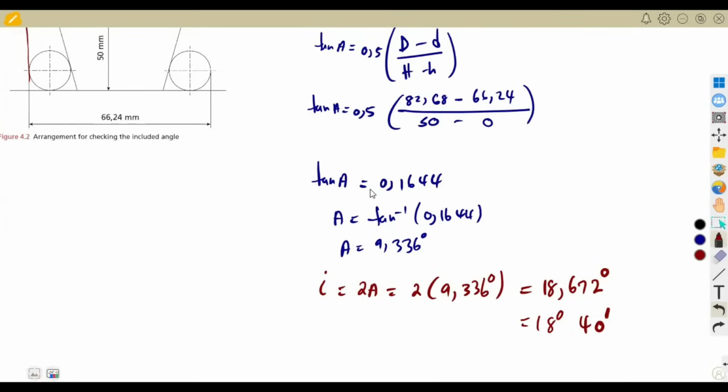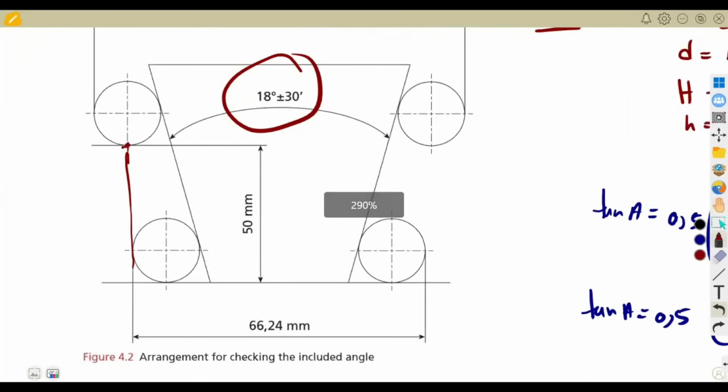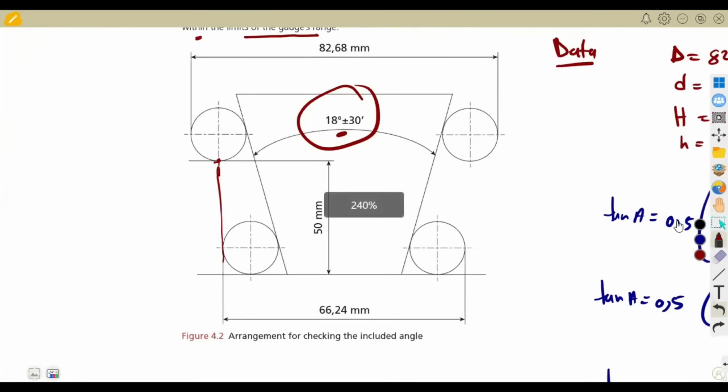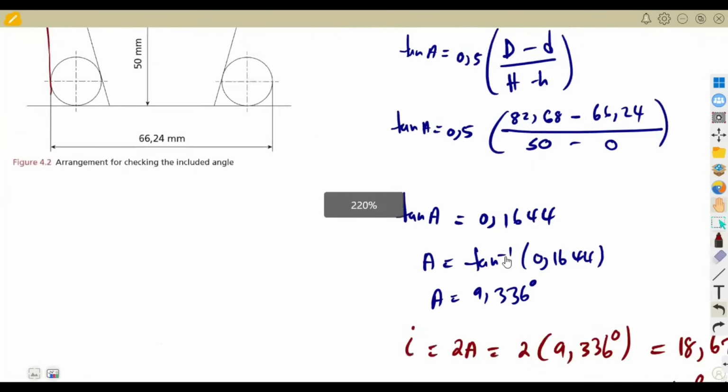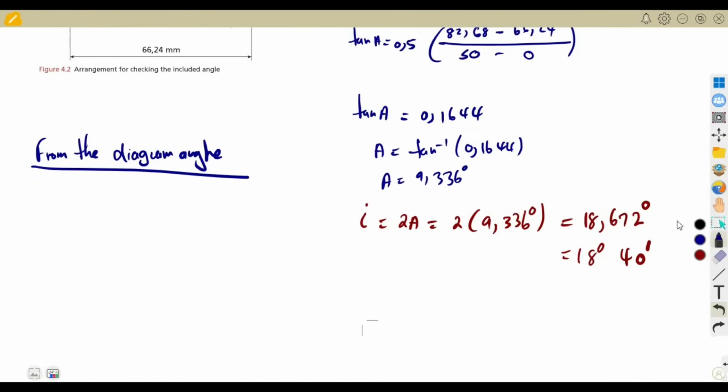Now, with this angle, let us compare, because we are supposed to check if it lies within the limits, if the included angle on our diagram is 18 degrees plus or minus 30 minutes. So from the diagram angle, remember, it was 18 degrees plus or minus 30 minutes.